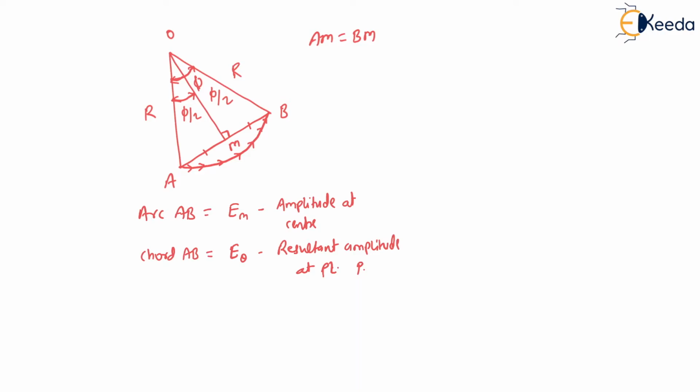Now see, this arc AB will give you the maximum amplitude, that is the amplitude at center. That is, we have defined that point as P naught. And this chord AB will represent the resultant amplitude at point P. So now we will find out the amplitude over here.